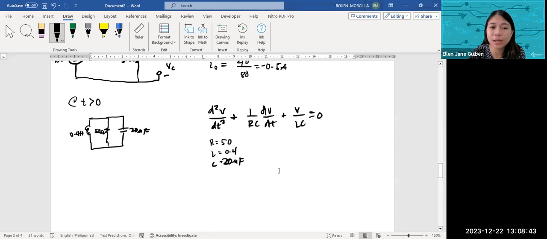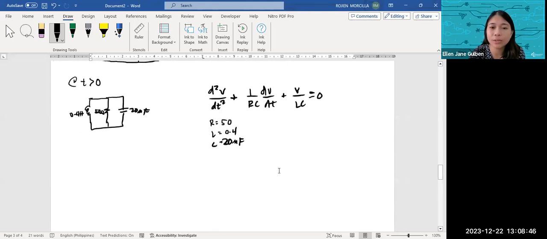So we will need to solve for its solution, based on the one that we did last time. So you can just go directly to this one, S squared plus 1 over RC S plus 1 over LC equal to 0, using the quadratic formula.